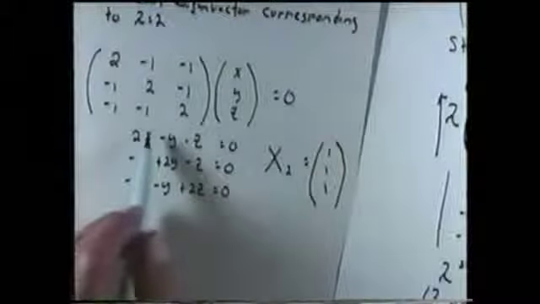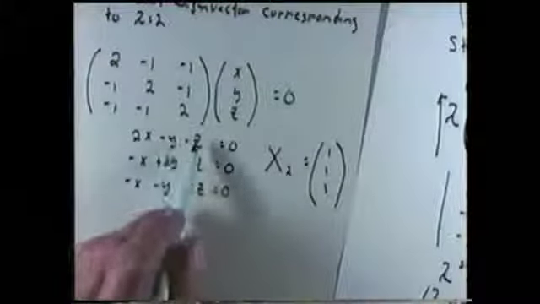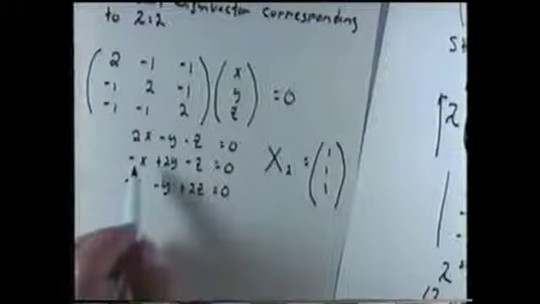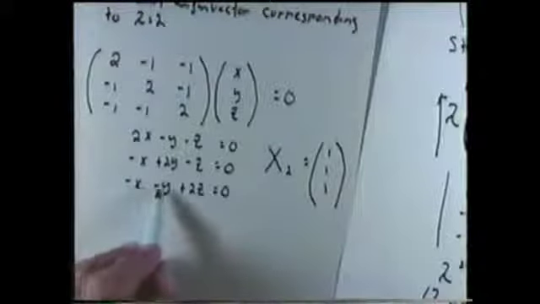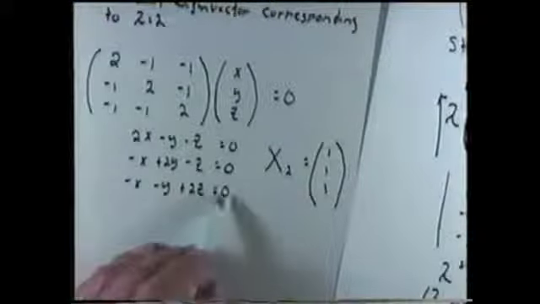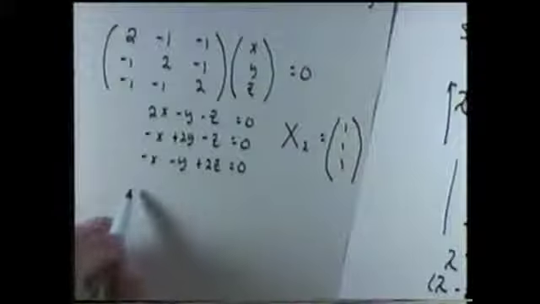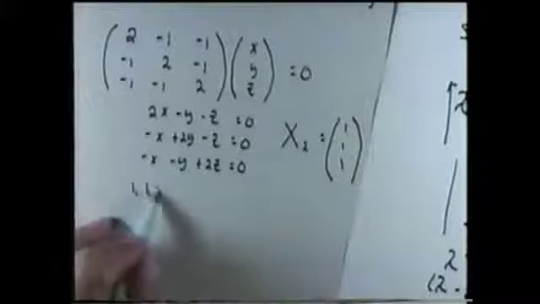Now let's verify that 1, 1, 1 works. 2 times 1 is 2, minus 1 is 1, minus 1 is 0. A negative 1 plus 2 is 1, minus 1 is 0. A negative 1 minus 1 is negative 2, plus 2 is 0. So 1, 1, 1 is indeed the vector. But that's not a unit vector. So I have to take the 1, 1, 1, divide by its length.